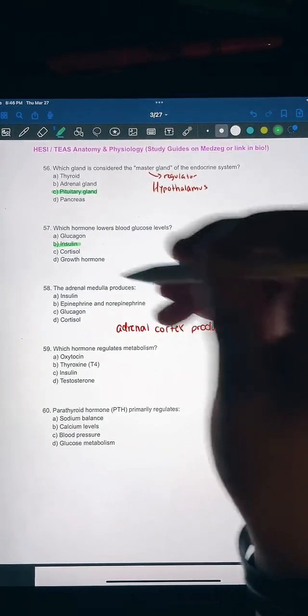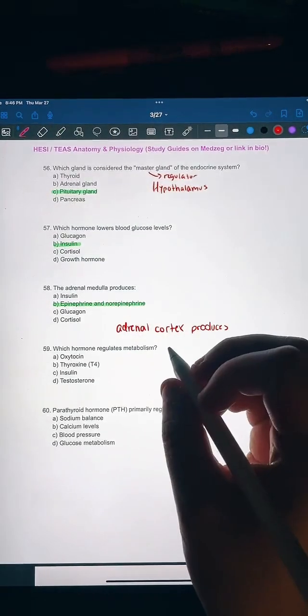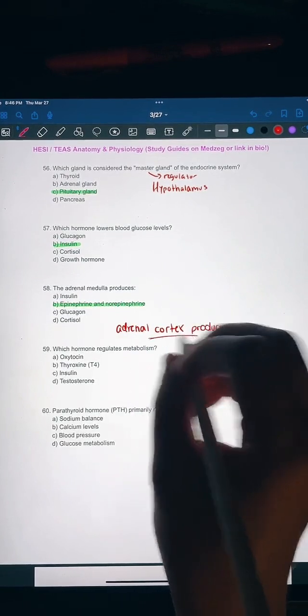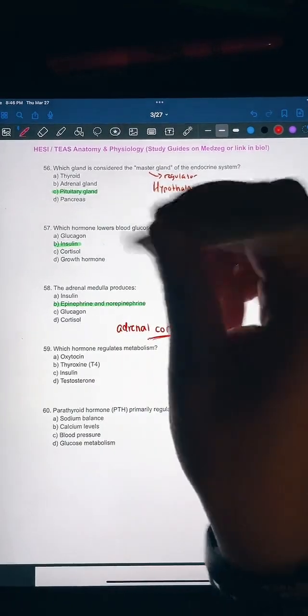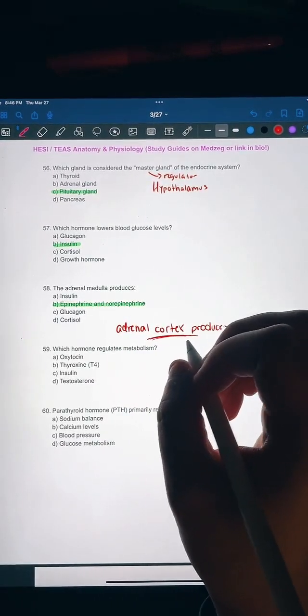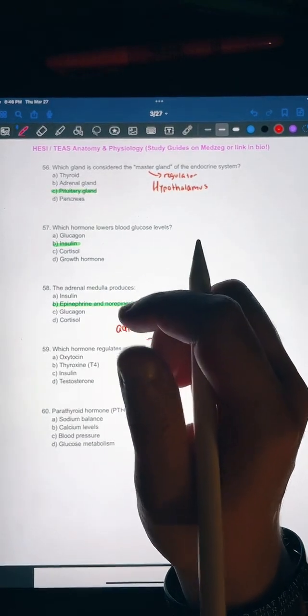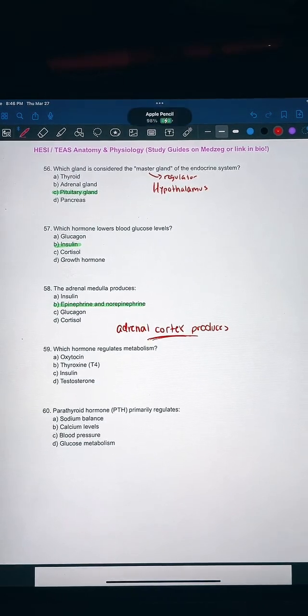The adrenal medulla produces epinephrine and norepinephrine. Can anyone tell me what the adrenal cortex produces? It's important to know the difference. D, yes, cortisol. So the adrenal cortex produces cortisol, and the adrenal medulla produces epinephrine and norepinephrine. Awesome, guys. I know that is something that people get really tripped up on.